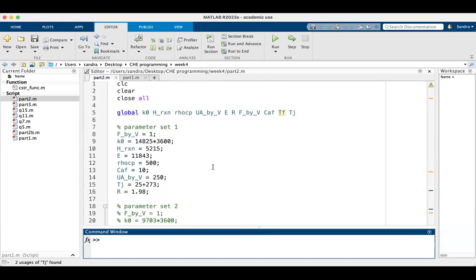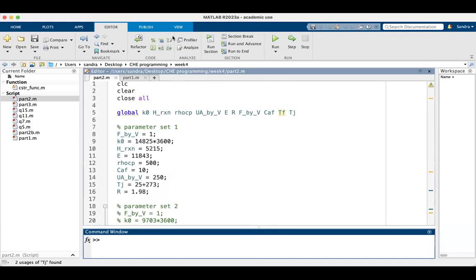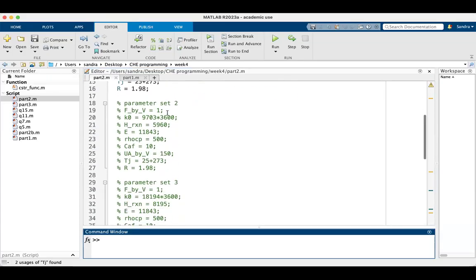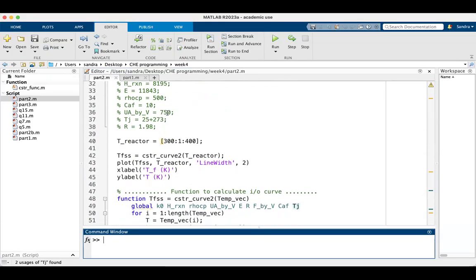I'm not sure of this. In steady state, the temperatures will be constant, right? The change in temperature will be zero. So we don't know the temperature of the jacket and the temperature of the reactor, right?